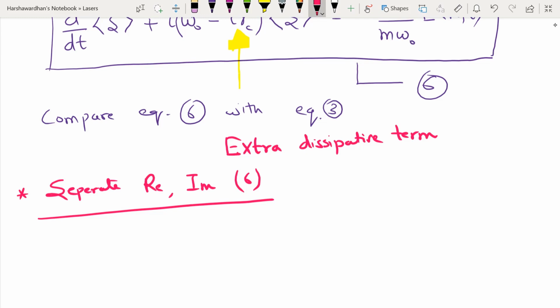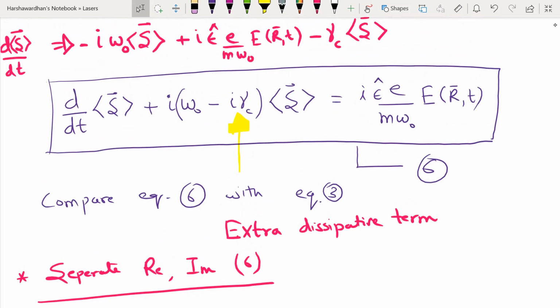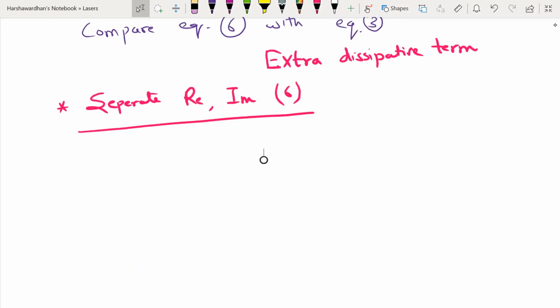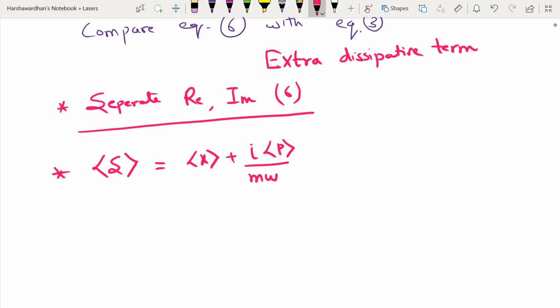So the real part, clearly on the right hand side there is no real part, and again we have to keep in mind the definition of S. My claim is that S by definition is X average plus i times P average by m omega naught.